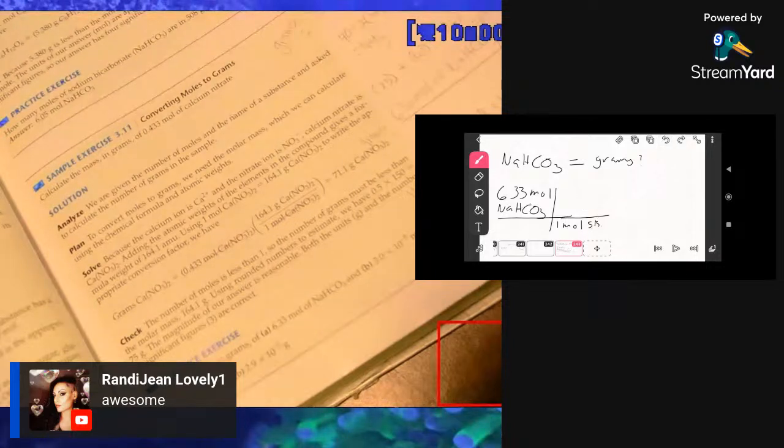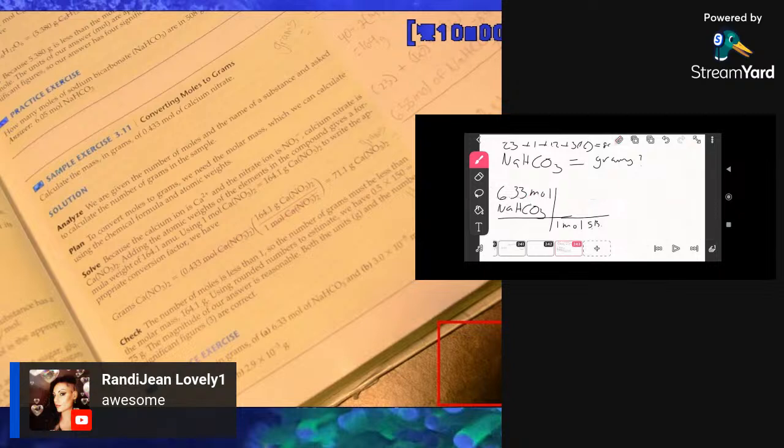So sodium weighs 23. So it's going to be 23 plus 1 plus carbon is 12 plus 12 plus 3 times 16, and then that equals 84.